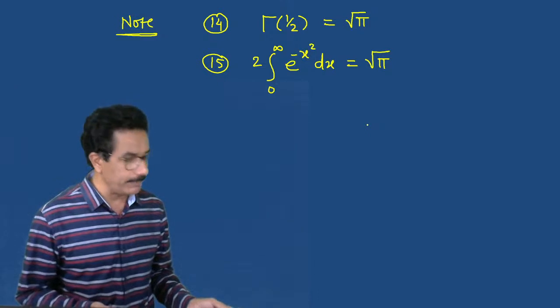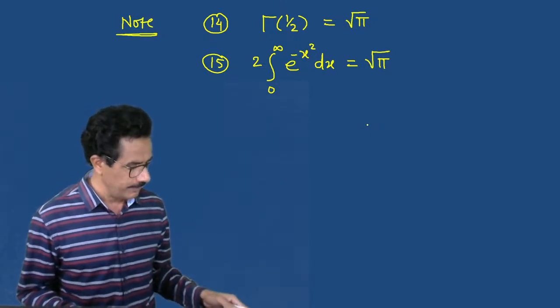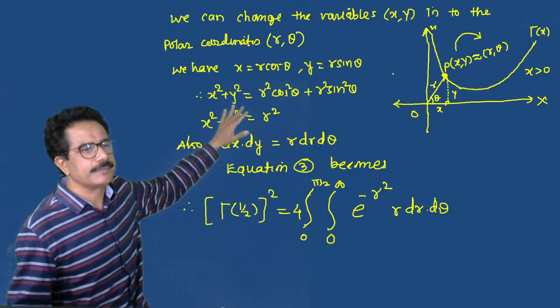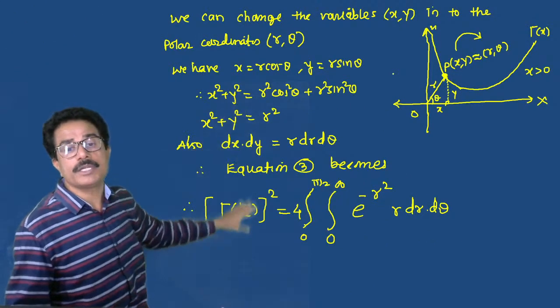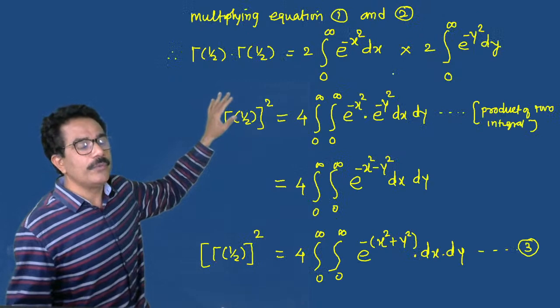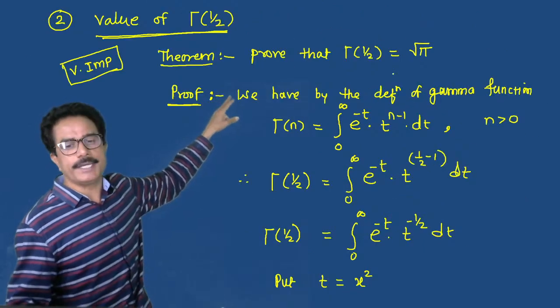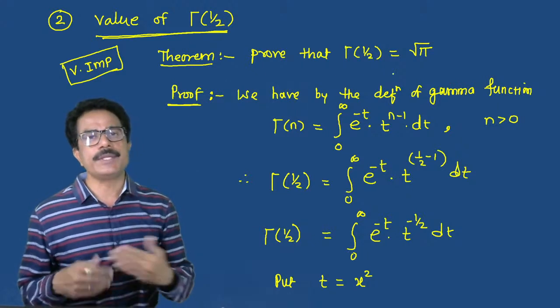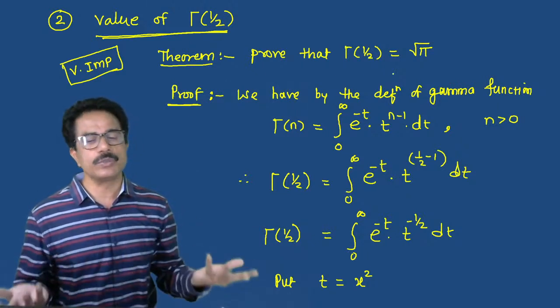Now we can find out problems based on this. Important result, and you must note that. See this, these are the important conversions. So this is a very important theorem. Theorem: prove that gamma 1 by 2 is equal to root pi.